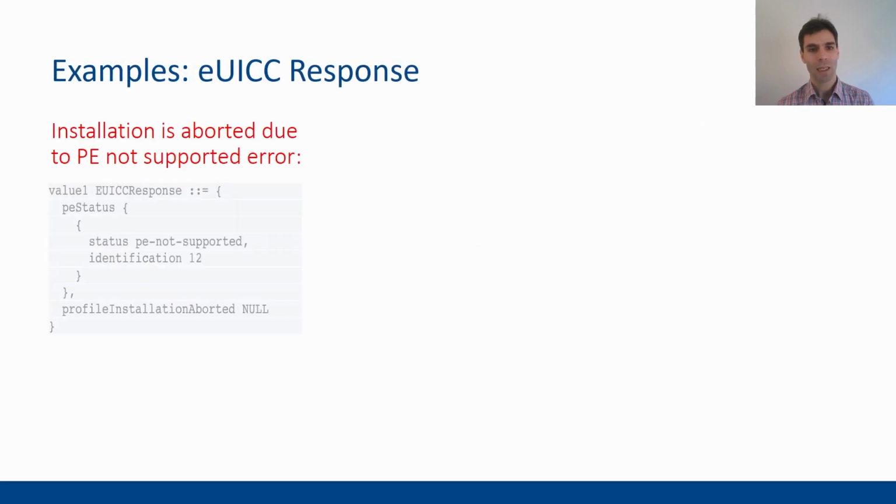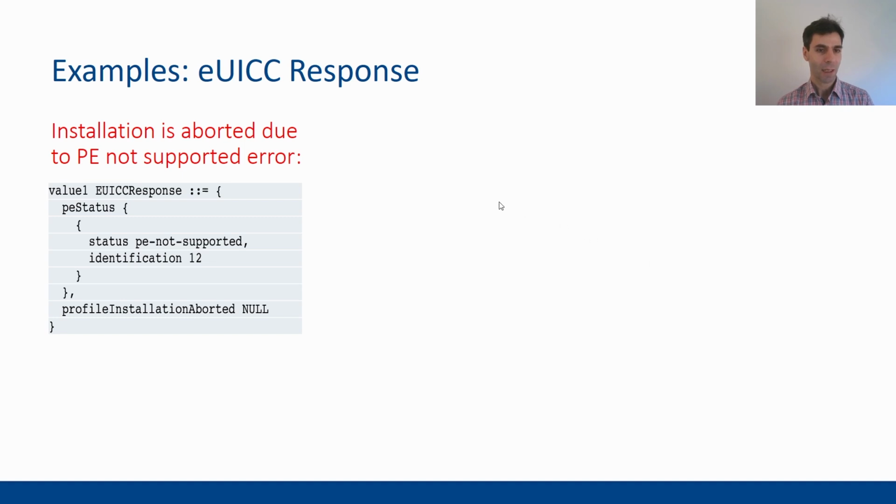Let's see three examples. The first example is when the installation is aborted due to a PE not supported error. So the PE which is received by the EUICC is not supported by the EUICC.